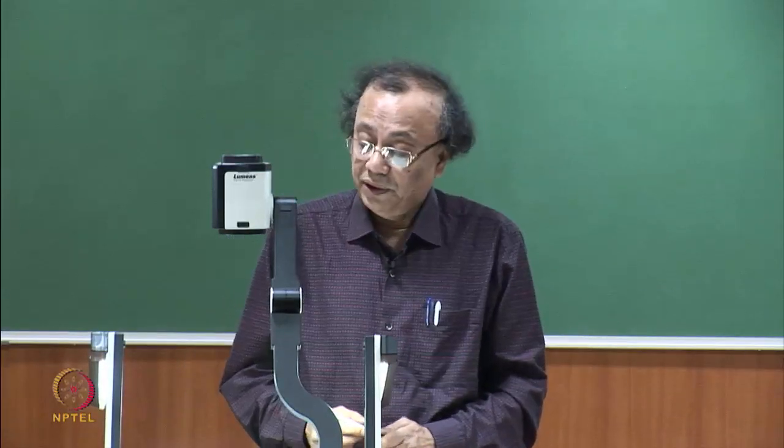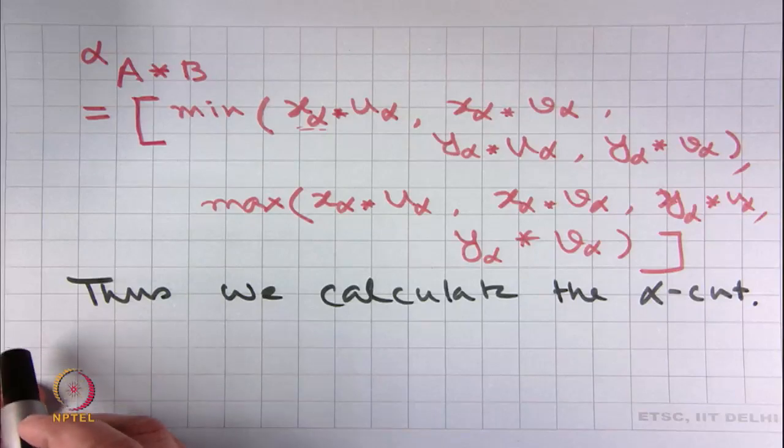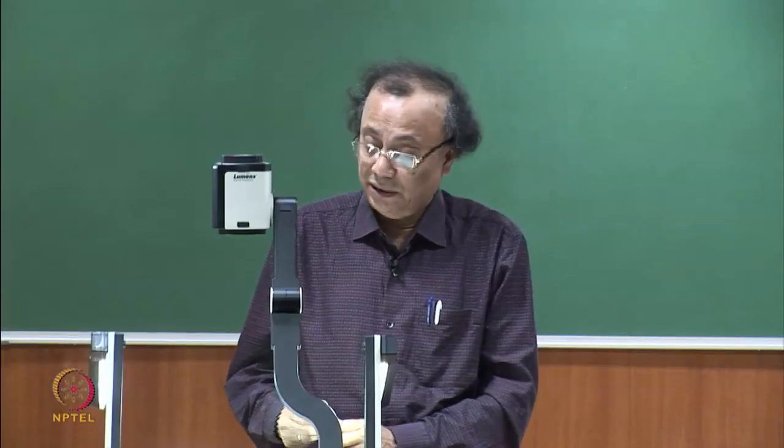But the difference with addition or subtraction is that it is not the case that one function will remain the minimum for all alpha between 0 and 1.